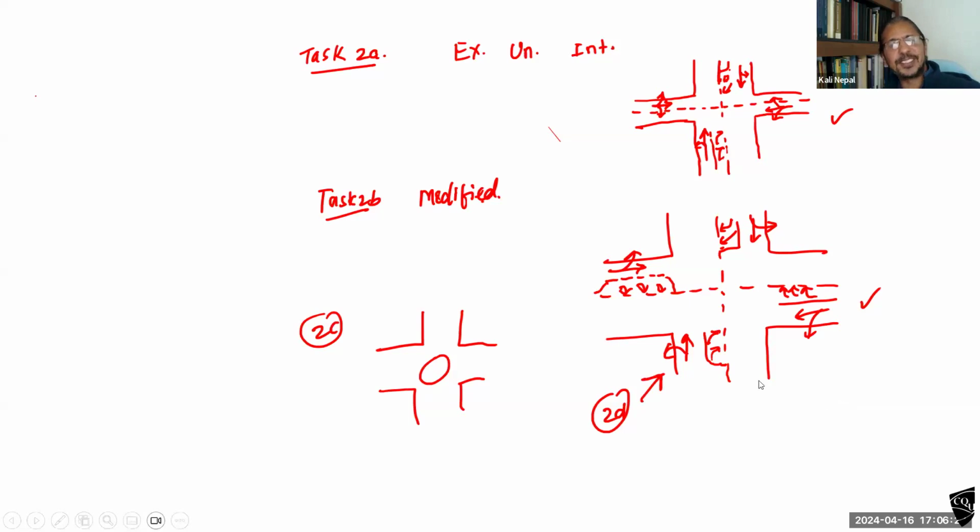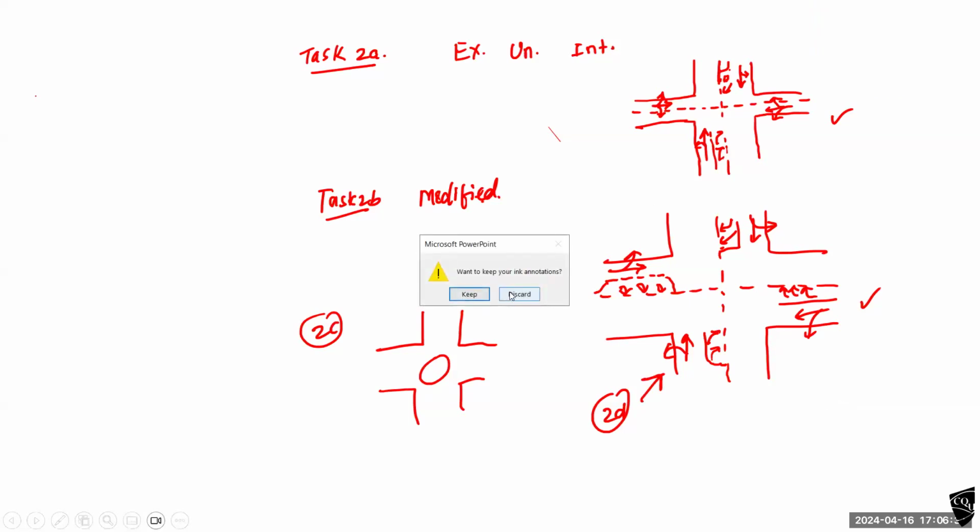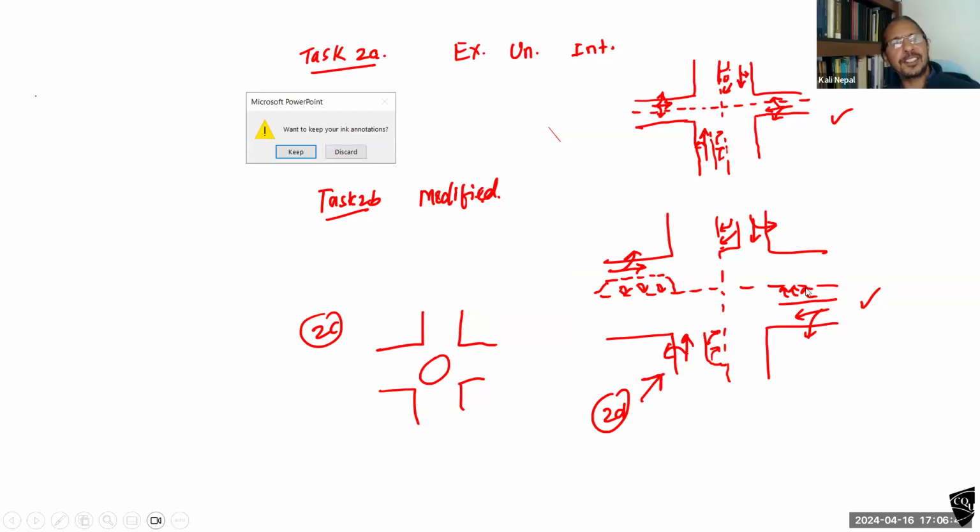So there was an error, so I tried to fix it. Excuse me, sir, how to divide the volume for the newly added lane? You don't need to. There is already volume given for the turning movements, so just that volume goes there.